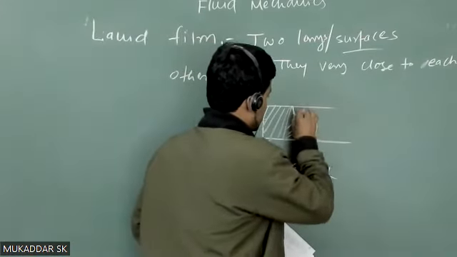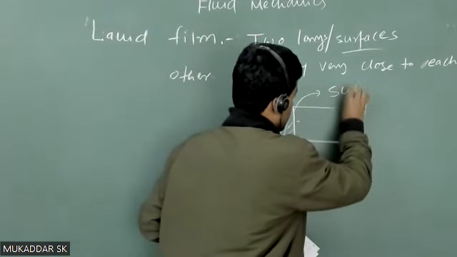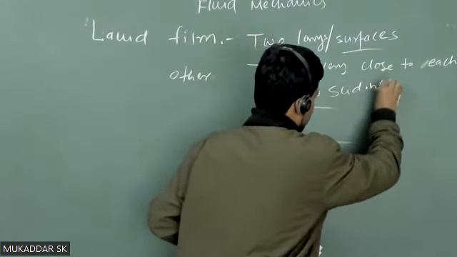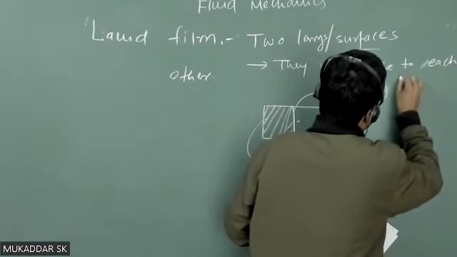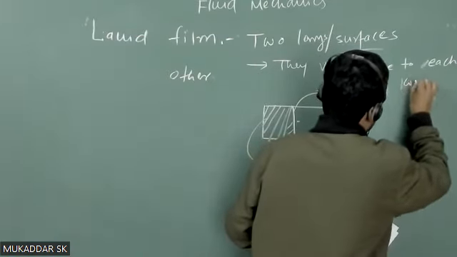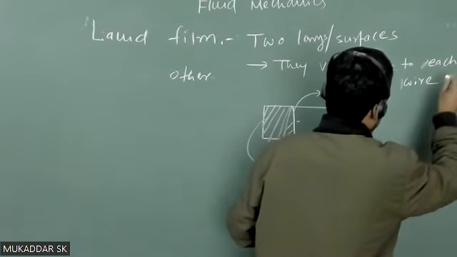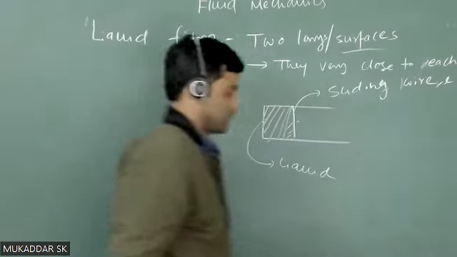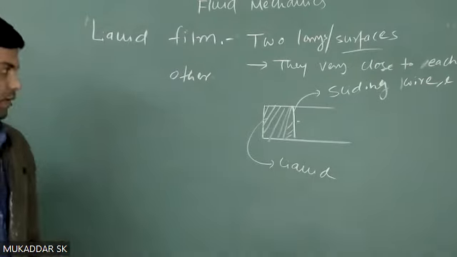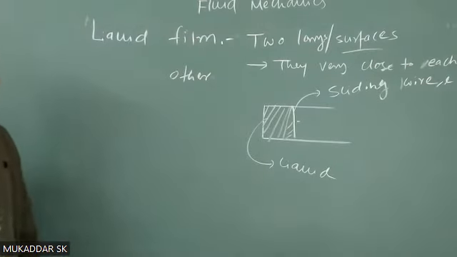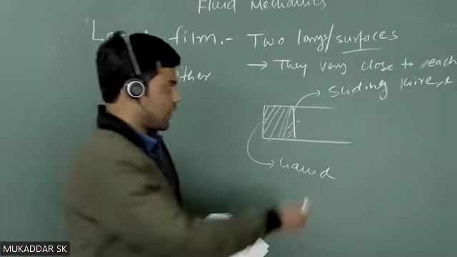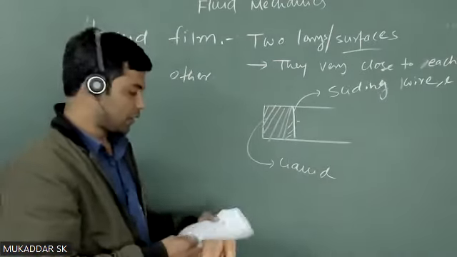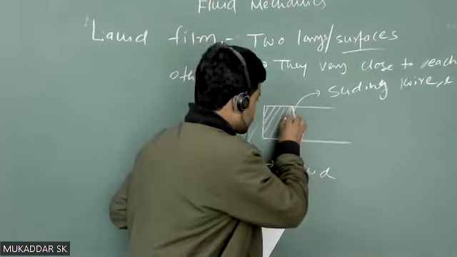This is the sliding wire, or thread. Let us take a wire having length L. You have a sliding wire having length L.